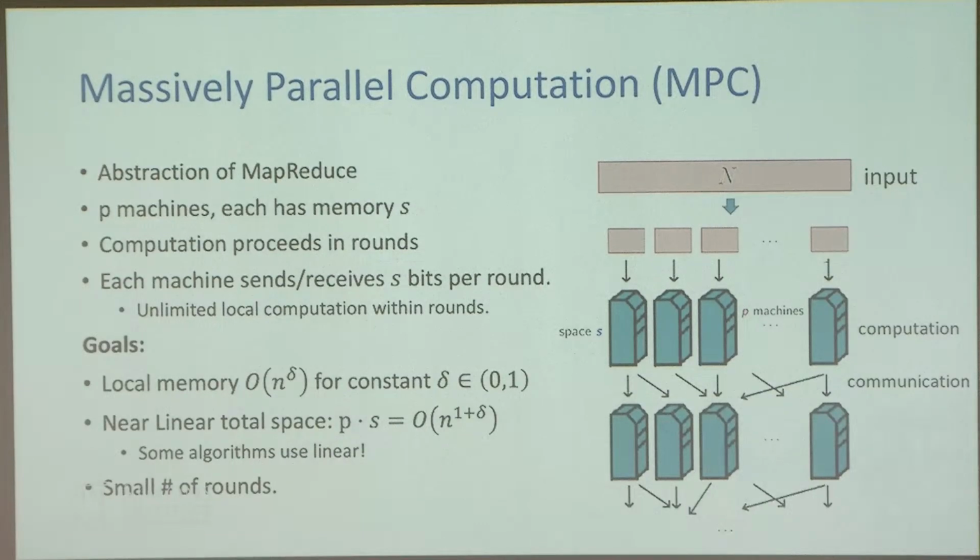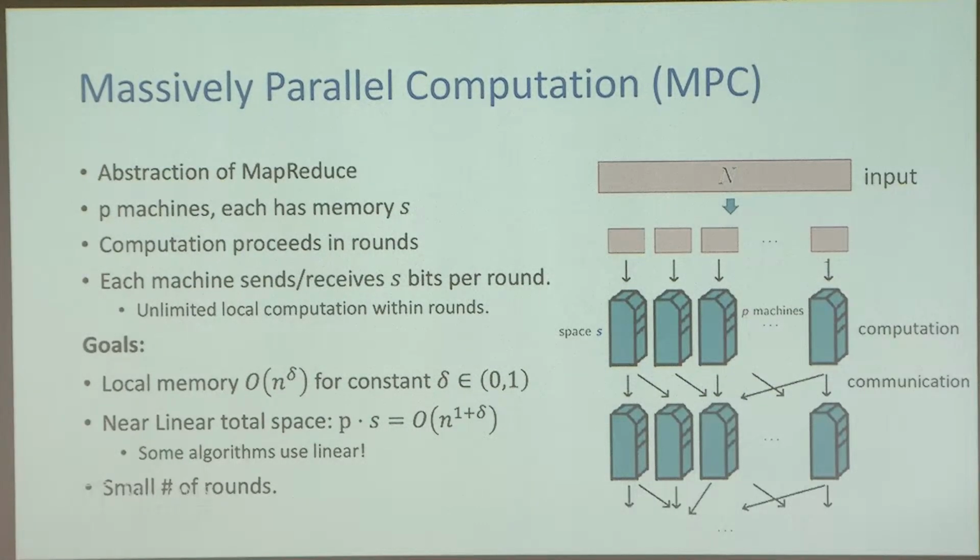In this work, we study the Euclidean MST problem in the massively parallel computation model, the MPC model. This is an abstraction of many modern distributed parallel computing systems, such as MapReduce, Flume, Beam, and others. In this model, there are P machines, each with local memory S. At the beginning of the computation, the input is distributed arbitrarily on several input machines.